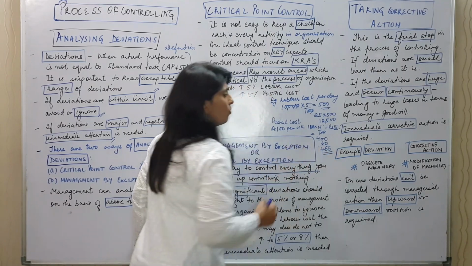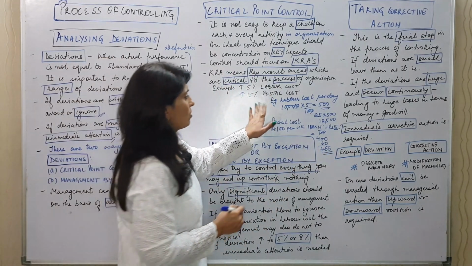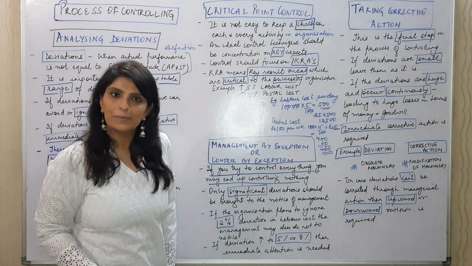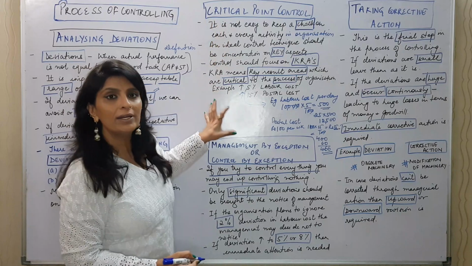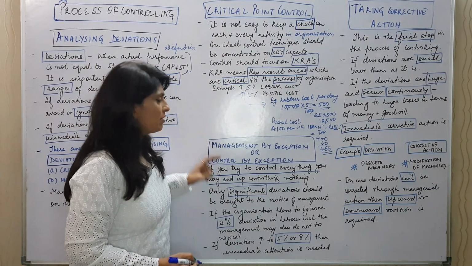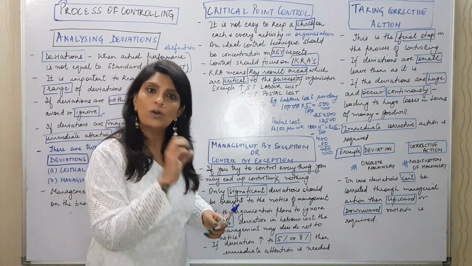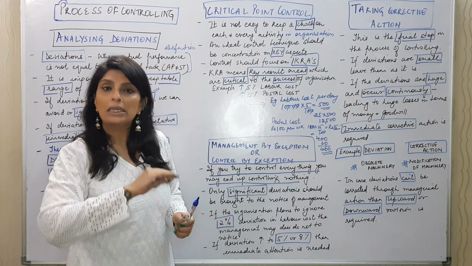Now, which is more critical? Of course, the labor cost is more critical. So, that is critical point control. Next comes management by exception. Management by exception means if you try to control everything, you may end up controlling nothing.